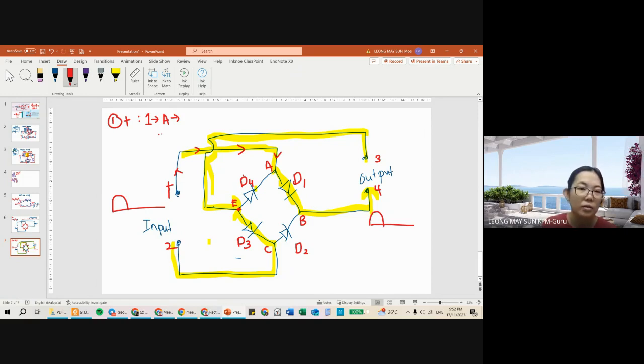All right, so the flow of the current when number 1 is positive is 1 to A, to D1, to junction B, to number 4, to number 3, and then to junction E, going to diode number 3, then junction C, and back to 2. When it goes back to 2, this positive wave appears.